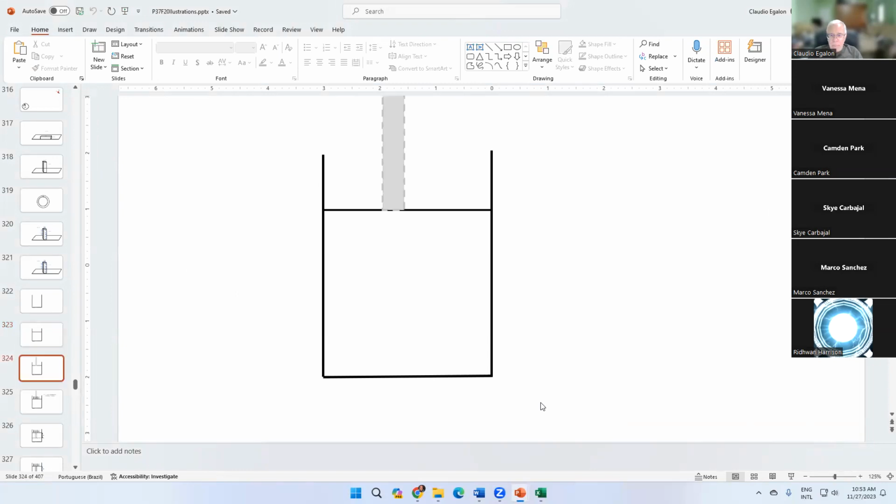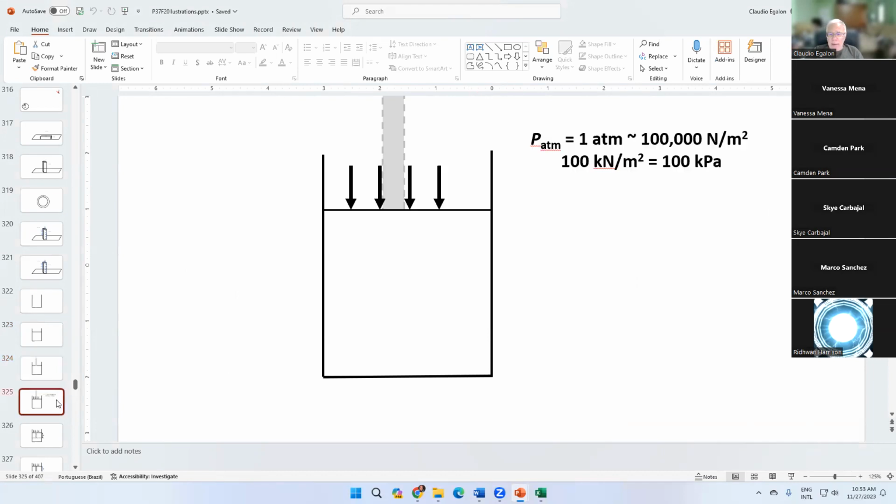So here you go. In addition to the pressure of the water, there is also the pressure of the column of air above the surface of the water, okay? And this pressure, you already know the value: 1 atmosphere, 100,000 newtons per square meter, 100 kilopascal.